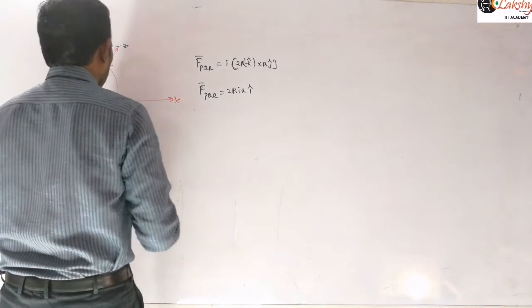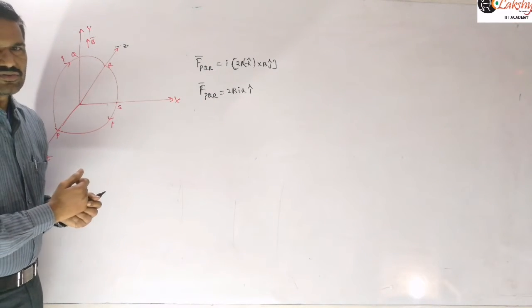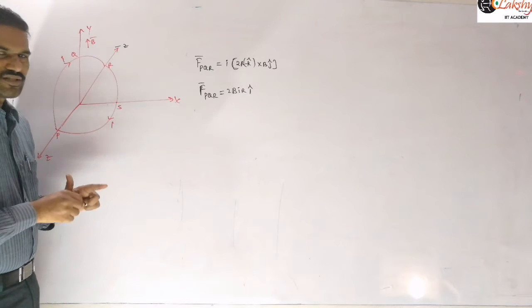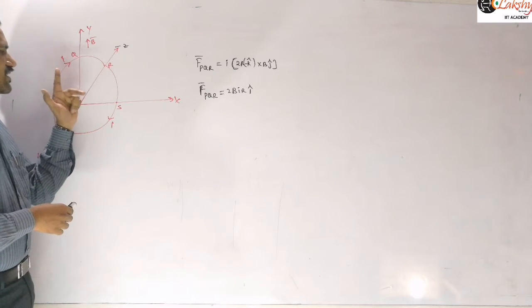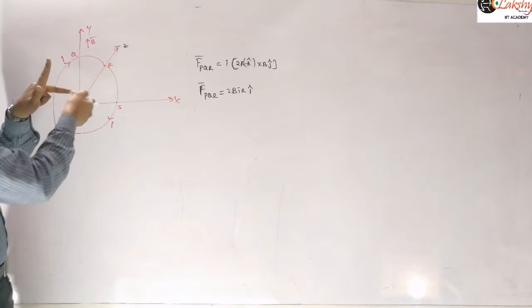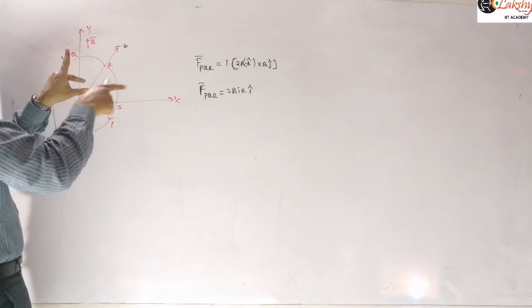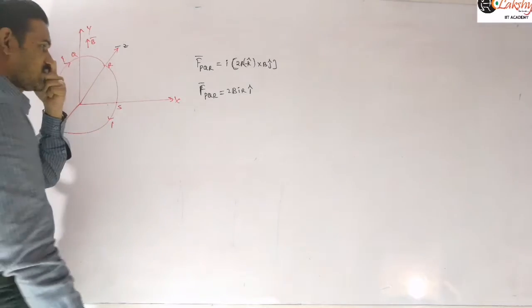So the force acting on this conductor, you may verify by using Fleming's left hand rule also. The field is acting upwards and current is flowing along this direction here. So our PQ bar will be like this. And so the current is acting, the field is along this upward direction, so the force will be along this direction here, right?